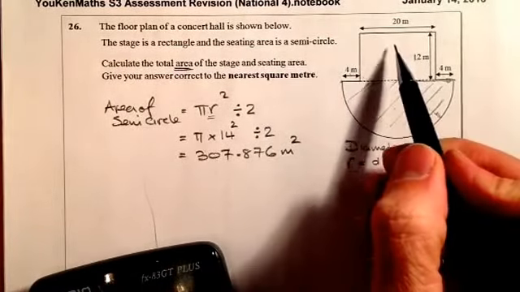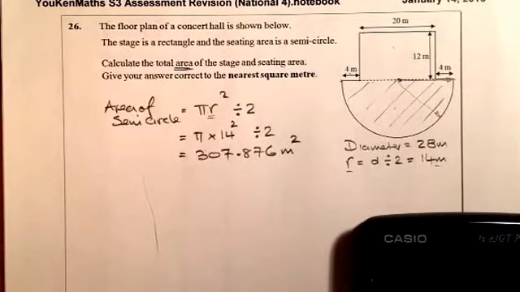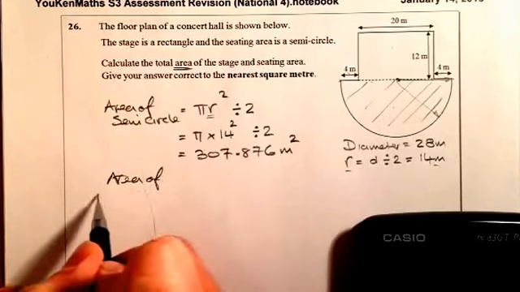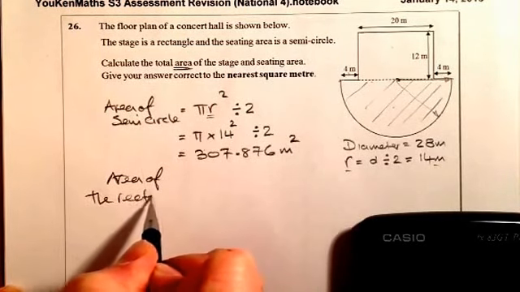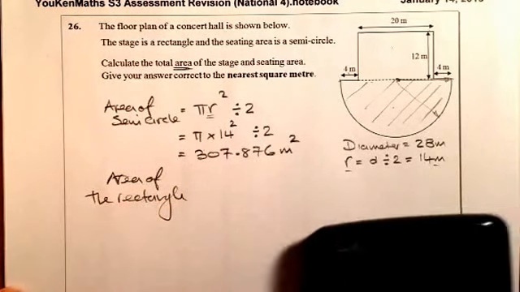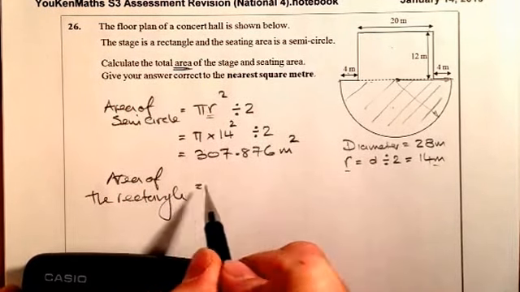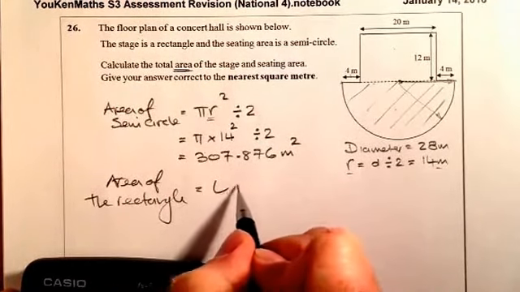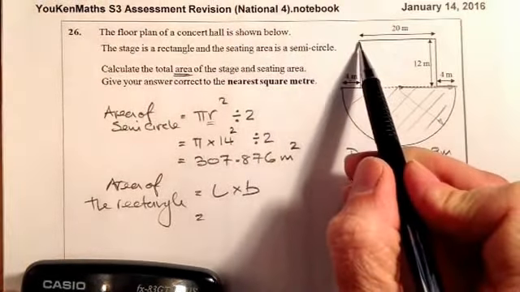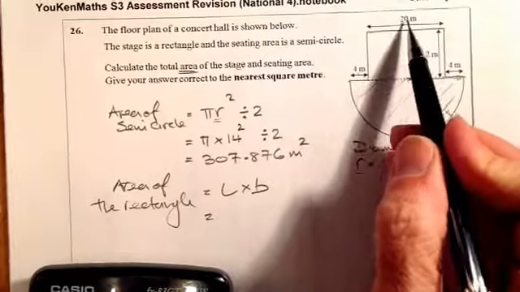Okay. Now I want to find out the area of that rectangle up above. So the area of the rectangle, okay, I think that's the stage, isn't it? The rectangle. I know that the area of a rectangle is just the length times the breadth. So I'm going to try and find the length. So the length of it, that distance all the way along there, is 20.